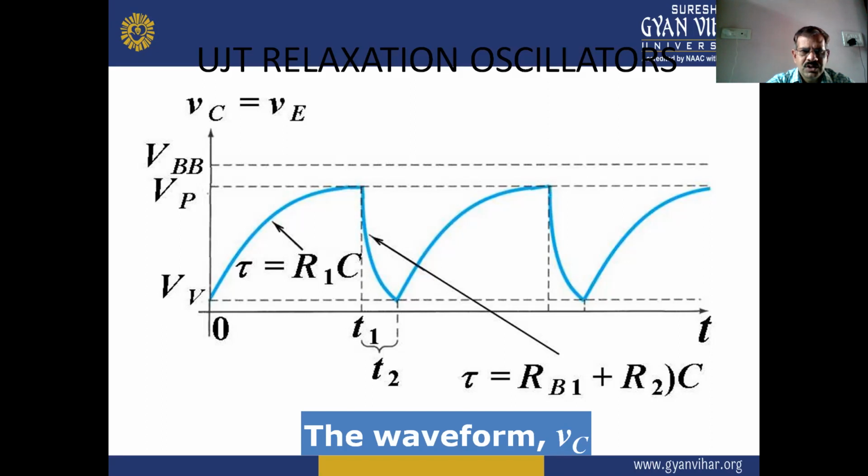So the charging time is R1C and the discharging time is T equal to RB1 plus R2 into C. So this is the charging and discharging waveform of the capacitor in UJT.